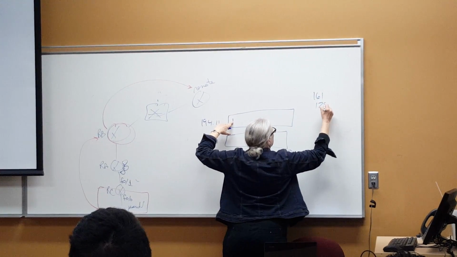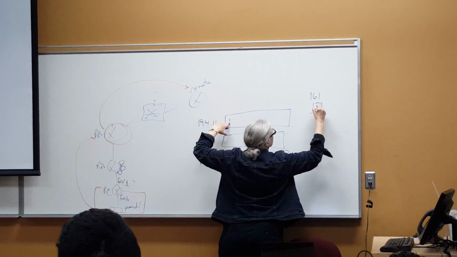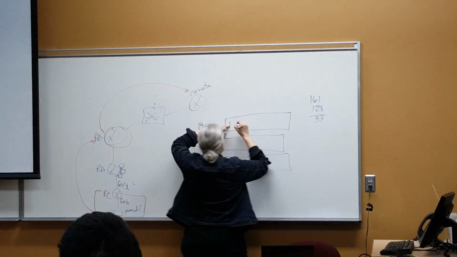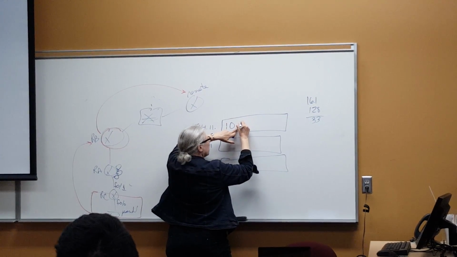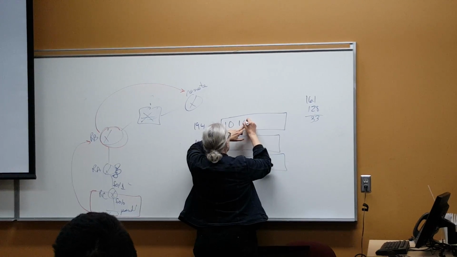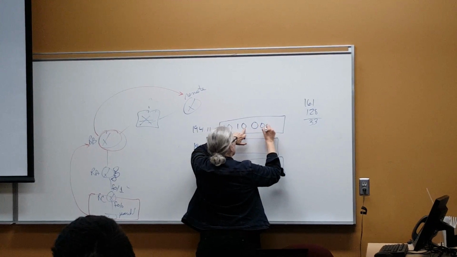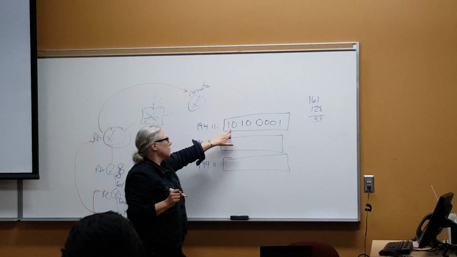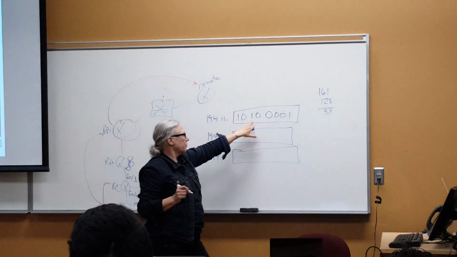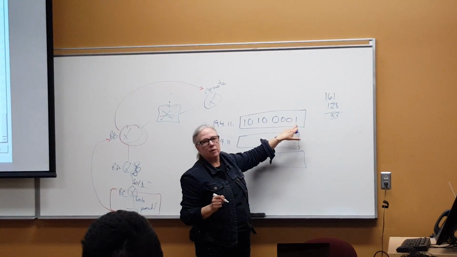Can't do this in my head. It's 101. No 64s, a 32, no 16, 0001. Okay. So 128 plus a 32 plus a 1. That would be 161.